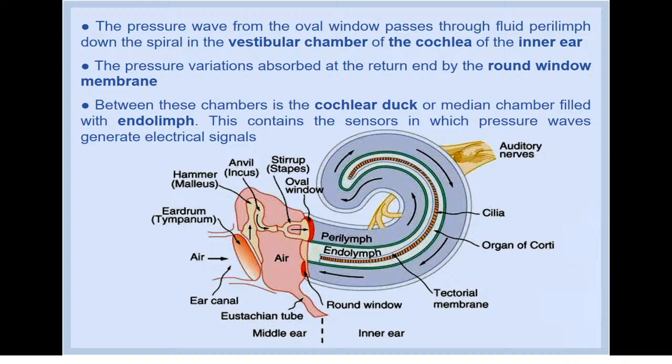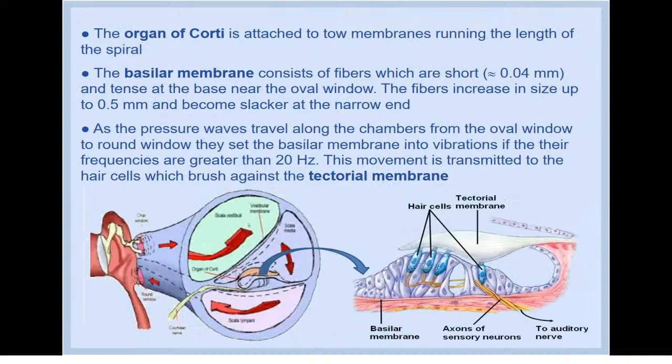This contains the sensors in which pressure waves generate electrical signals. This is a complex process which is not fully understood, involving the hair-like structures of the organ of Corti, which is attached to two membranes running the length of the spiral. Cochlear organ.